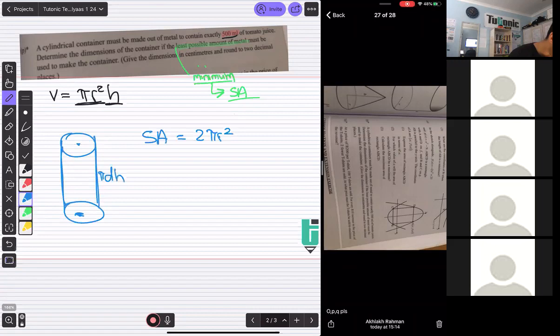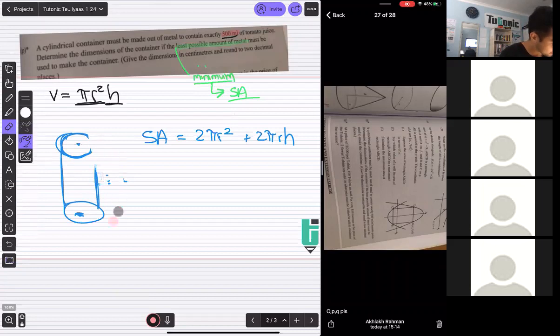I think so. It should be, because if you were to flatten this, this becomes the circumference, which is pi d times h. Yeah, this is the equation for surface area.